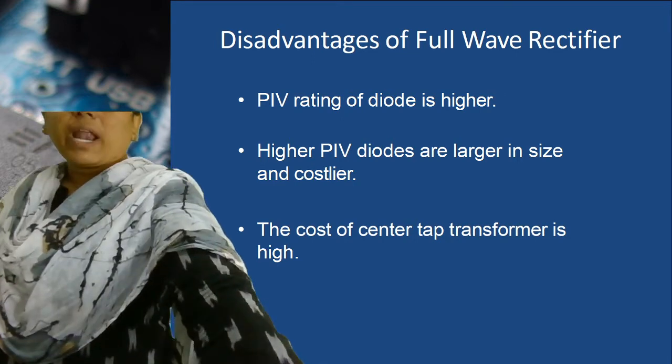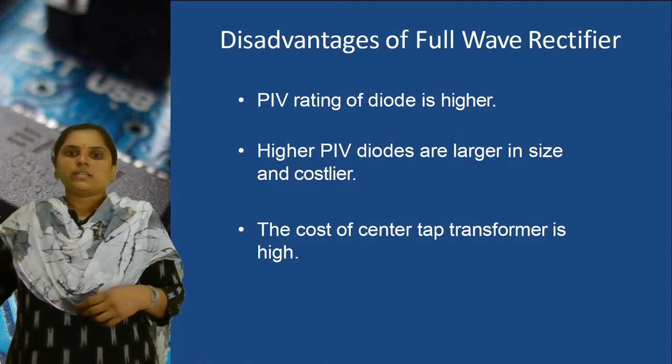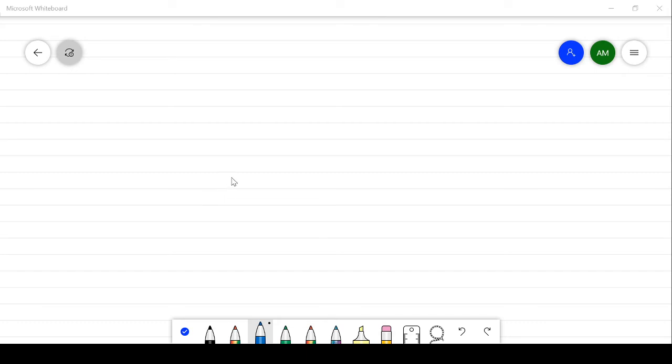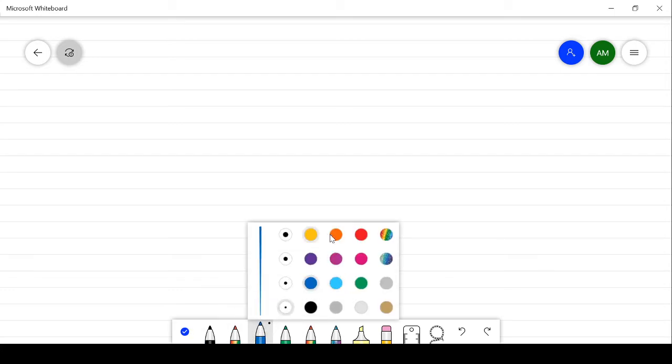Now I would like to explain these important factors. The first factor is the ripple factor. So first, what is meant by ripple factor?